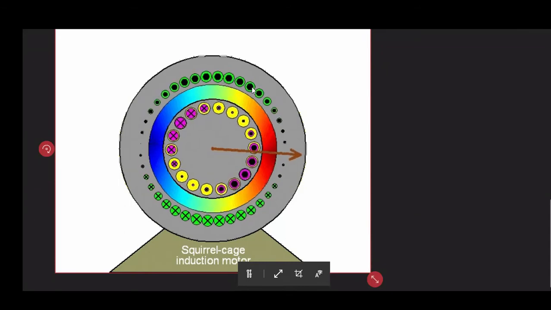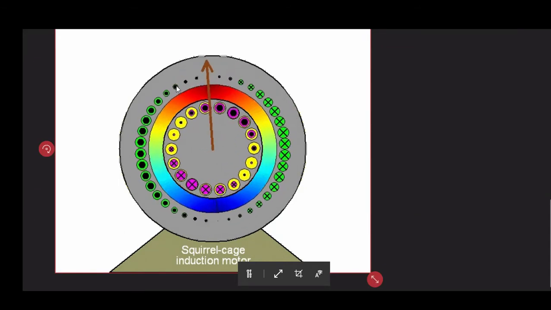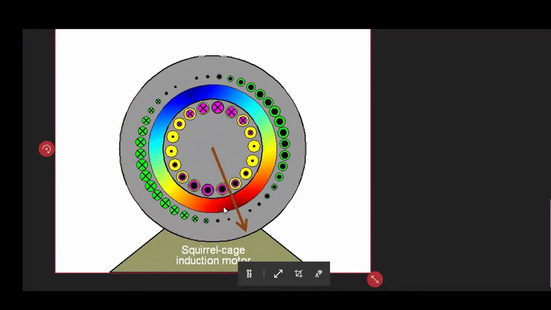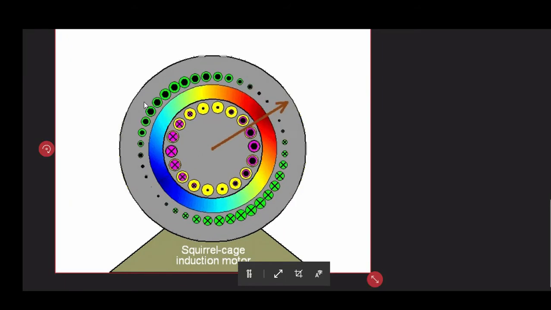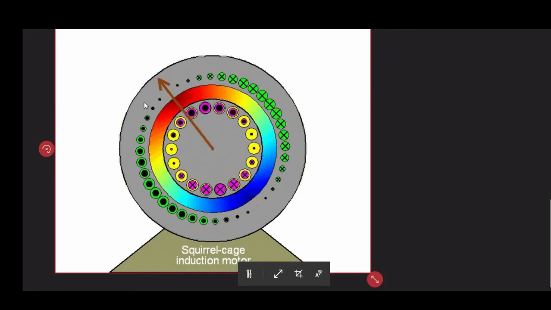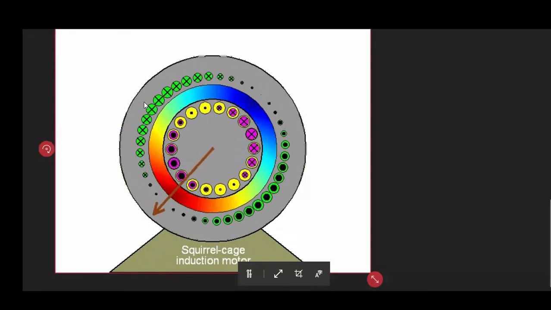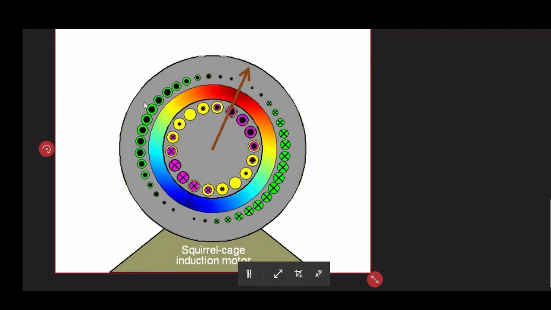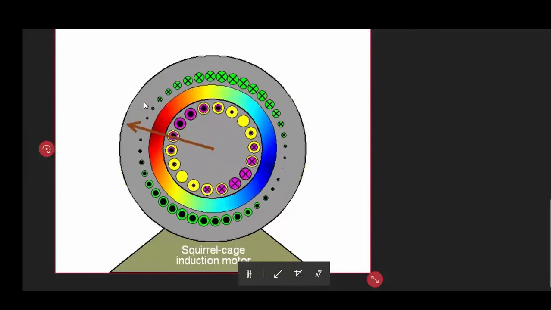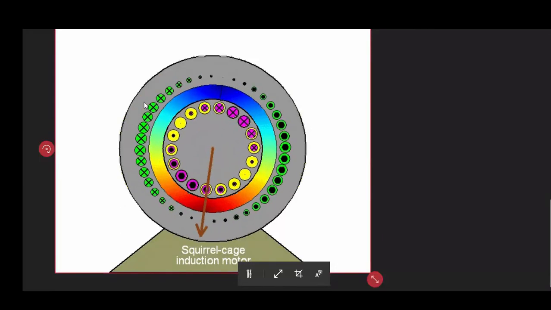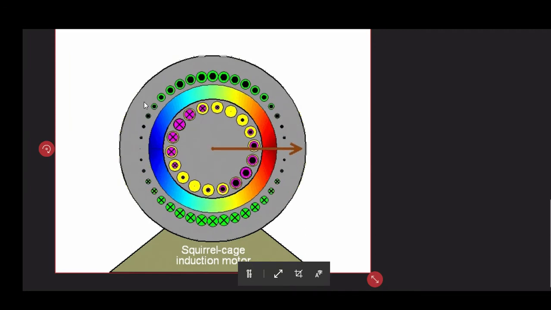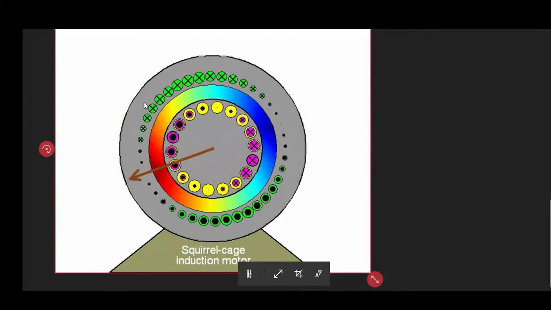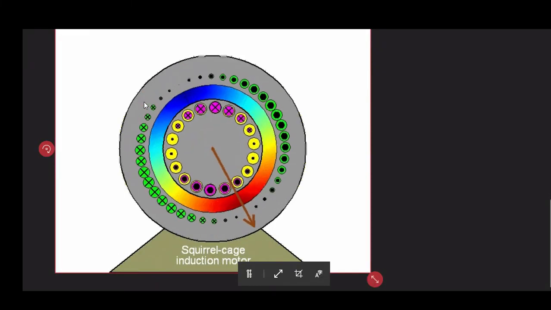This is how we have the rotating magnetic field, and it causes a flow of current through our rotor conductors, and the rotor conductors carry an almost sinusoidal current. Since the resistance of the rotor bar is very small, they carry almost a sinusoidal current, and the nature of that current is such that it tries to oppose the very cause of its production.